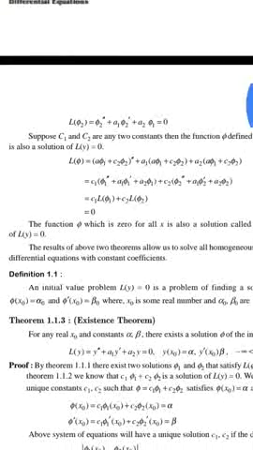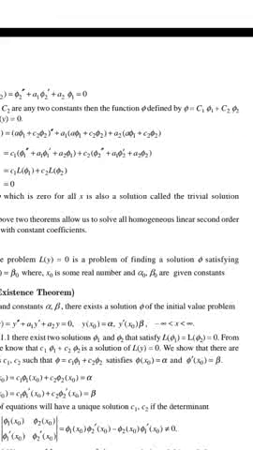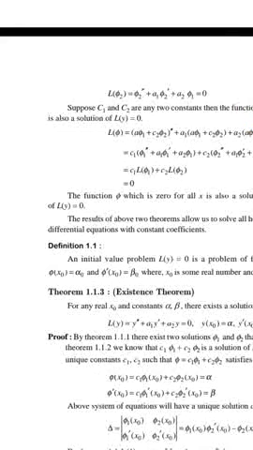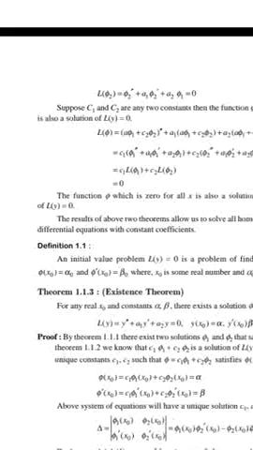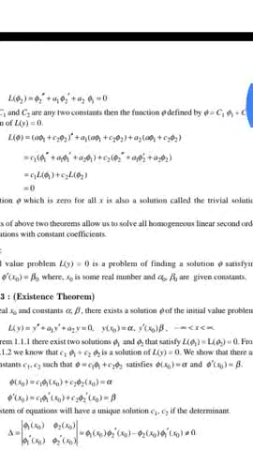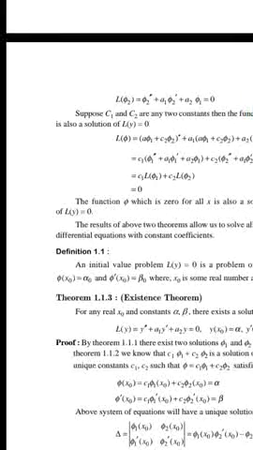An initial value problem L of y is equal to 0 is a problem of finding a solution phi satisfying phi of x naught is equal to alpha naught and phi dash of x naught is equal to beta naught, where x naught is some real number and alpha naught and beta naught are given constants.